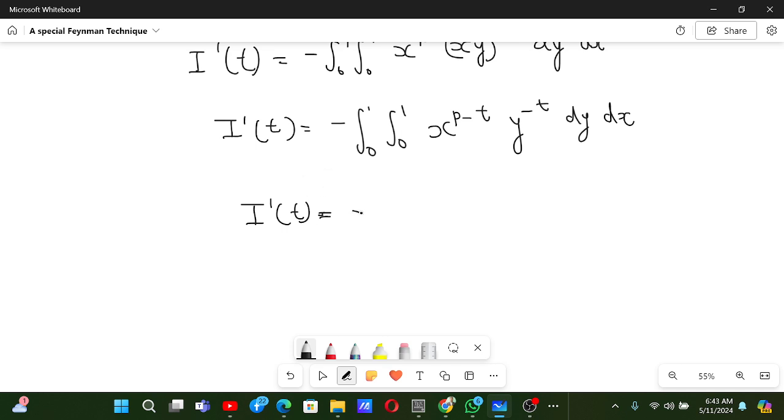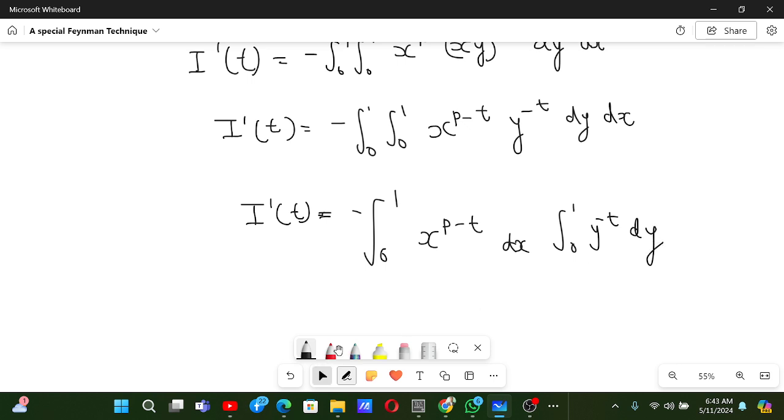Okay, so negative of the integral from 0 to 1 of x to the power p minus t dt, and the integral from 0 to 1 of y to the power minus t, and not dt, this is dx, sorry for that. This is dx, and this is dy.